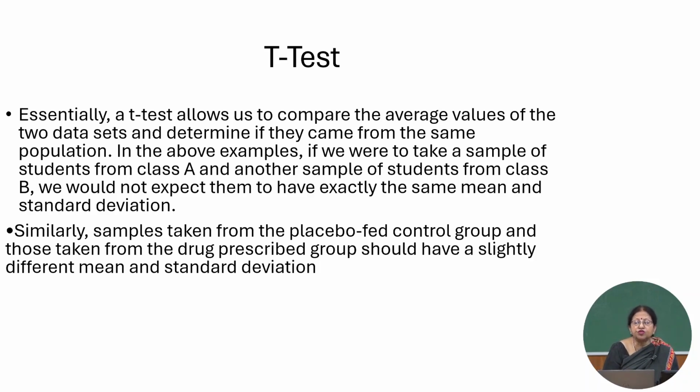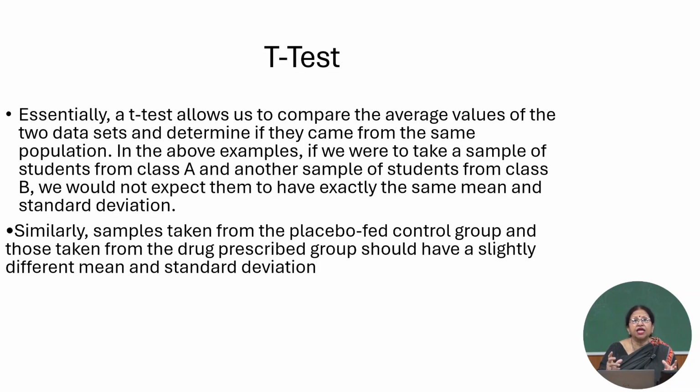Similarly, samples from the placebo-fed control group and those taken from the drug prescribed group should have slightly different mean and standard deviation. So when you have a different class of patients, one is placebo-fed control group and the other one is drug prescribed group.